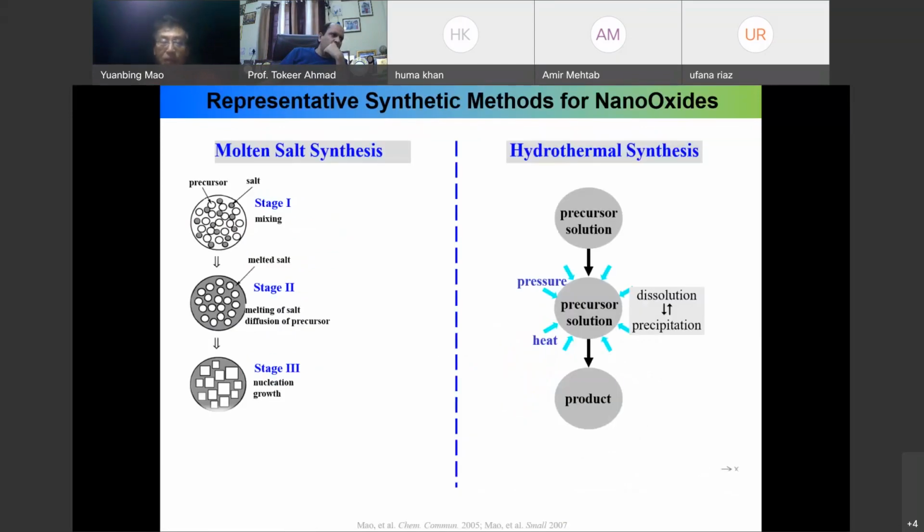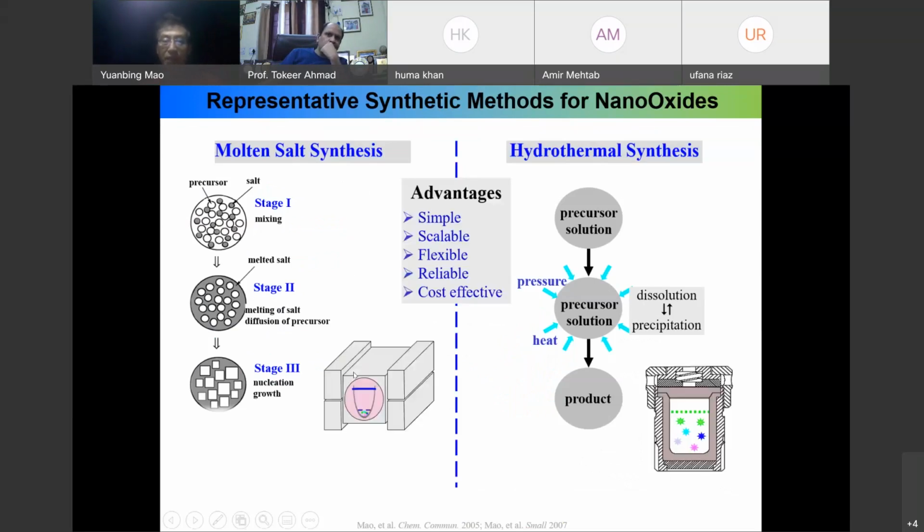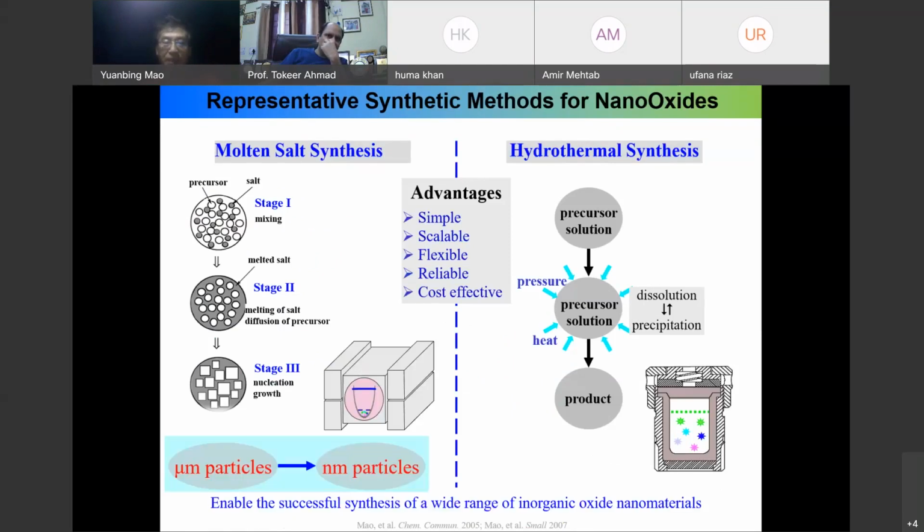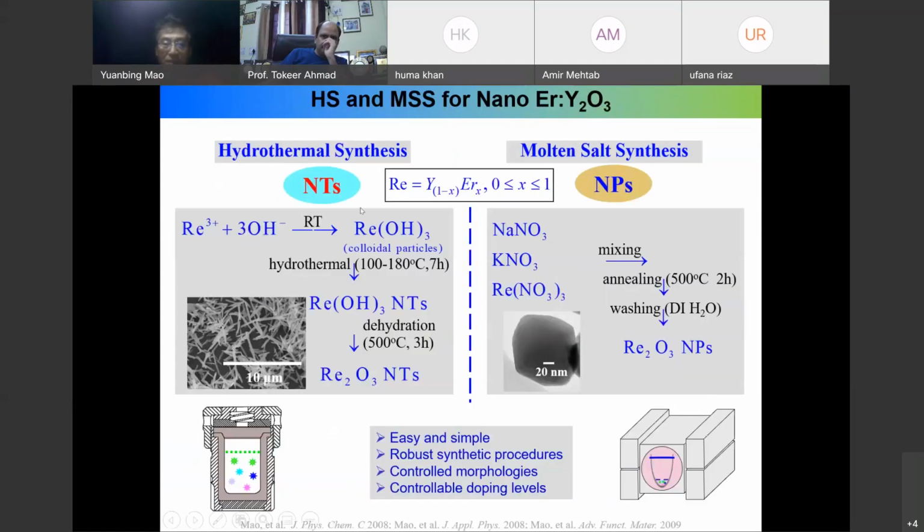I will get back to this first, the type of materials I'm interested in. I talked about this briefly a few days ago. So yttrium oxide basically. We synthesize the yttrium oxide nanomaterials by both molten salt synthesis and hydrothermal synthesis. I will go through this quickly, but I already talked about the advantages of the hydrothermal synthesis, right?